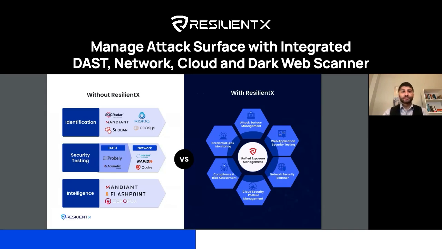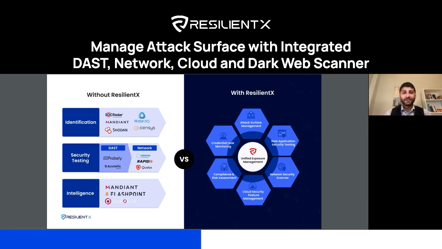So what we propose in ResilientX is this: before ResilientX, we saw that most of our fellow vendors were focused on very large enterprises. Therefore, there are many tools that do one specific thing without a holistic and comprehensive approach.